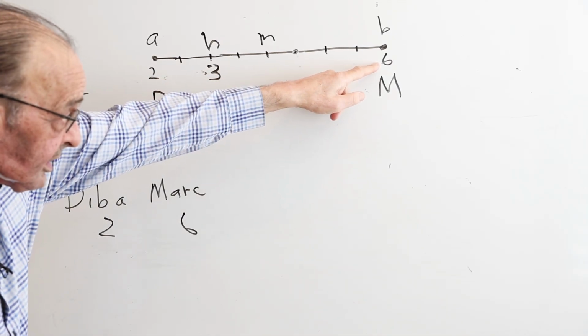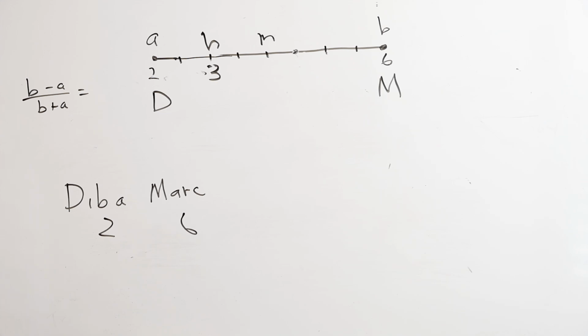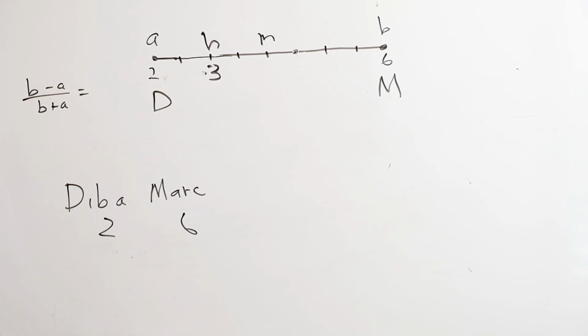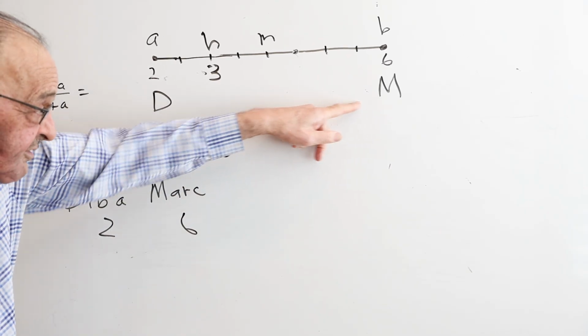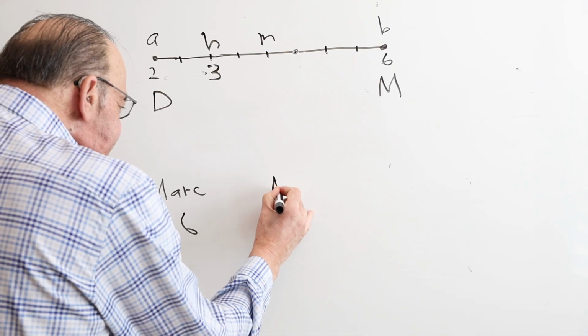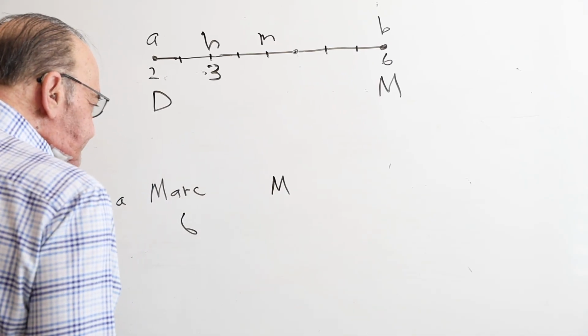Mark can move 6 steps towards Deba, and they can meet at H. Now, we're going to try to calculate the odds that Mark's steps are always strictly greater than Deba's steps in total. So if Mark takes the first step, that's fine.